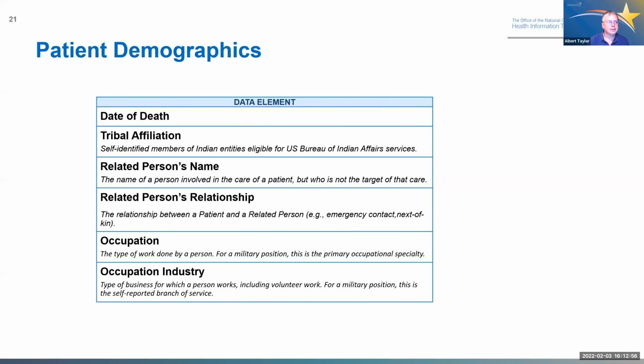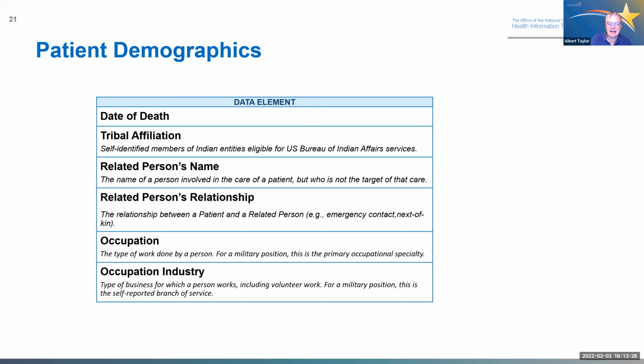We also added 6 new data elements in the patient demographic. They include date of death and tribal affiliation. We also added the concept of related person, and this is a related person who's part of the care. This is different than care team member, which could include a family member, but the family member who's more of a caretaker is the family member that would be considered part of the care team.